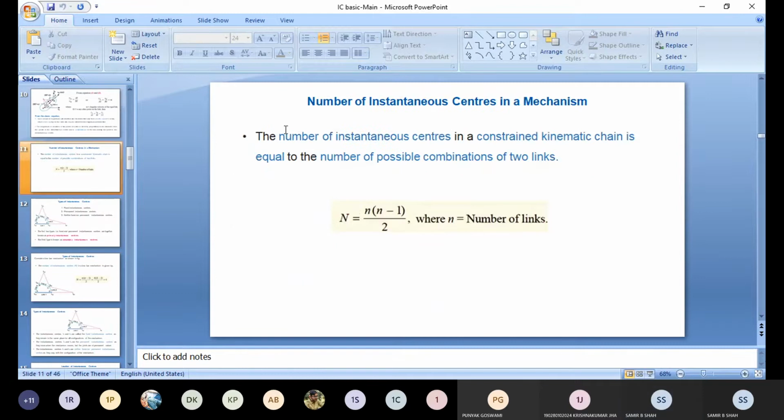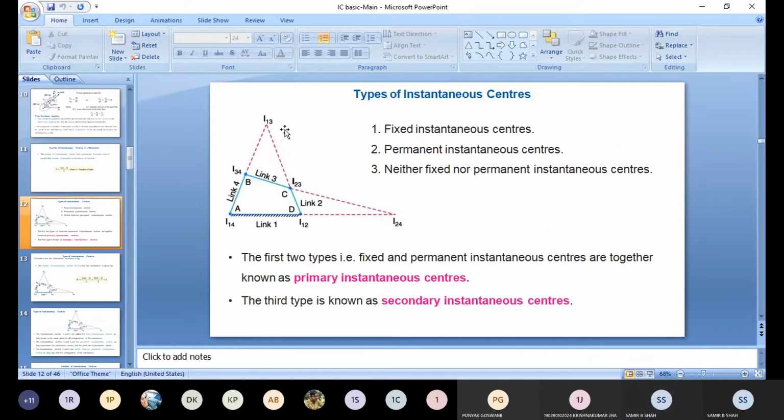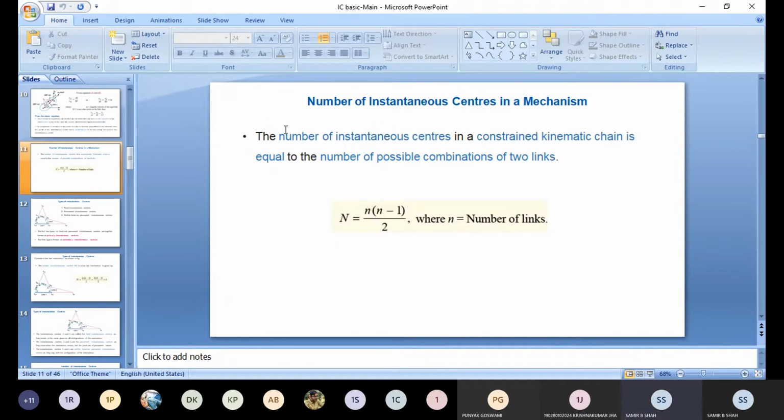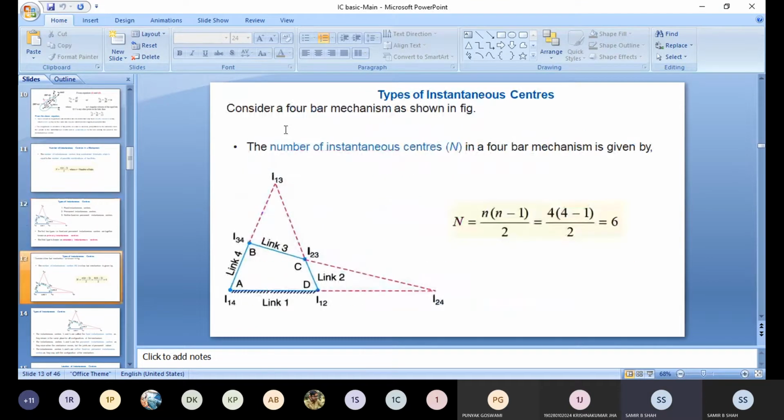Some how to give the numbers and which kind of equation we have to use. Now we have to go somewhat into depth on how to find the locations and how we can utilize those locations.